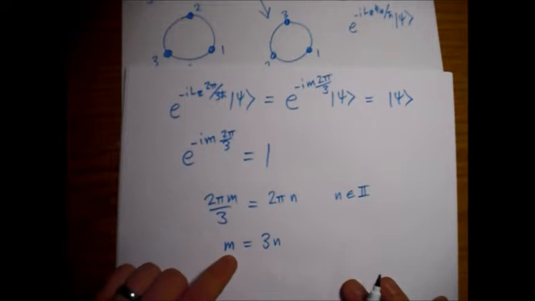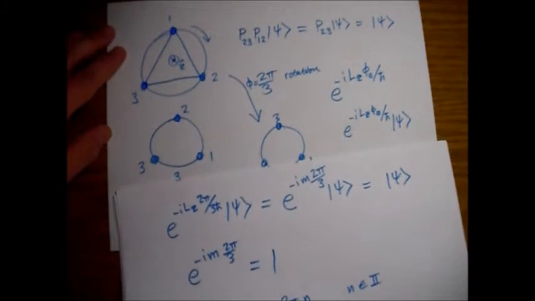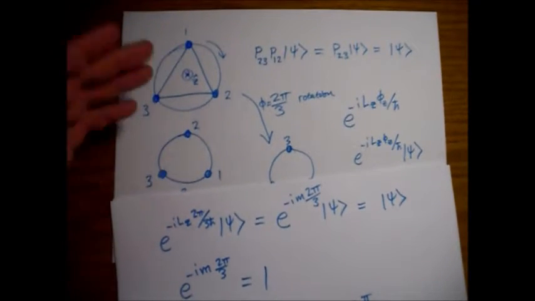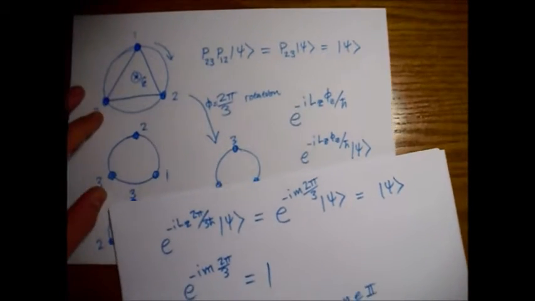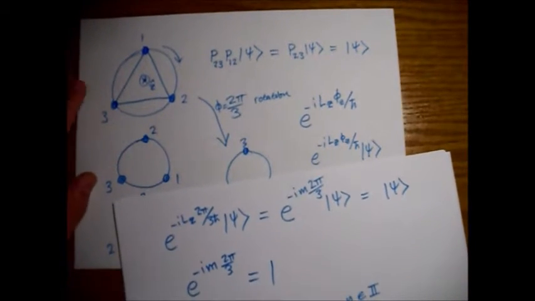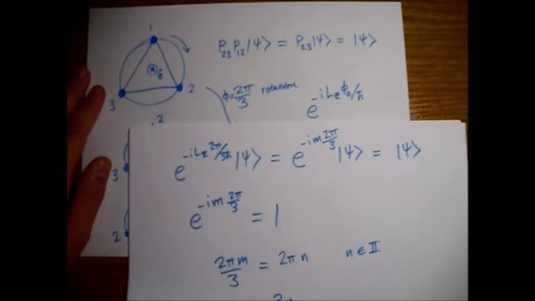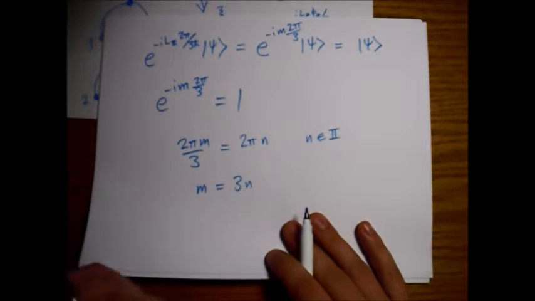Here's our magnetic quantum number, and for this L z rotation, I could use a J here, it's just a general rotation, I don't have to use L. So it must be an integer which is a multiple of 3.